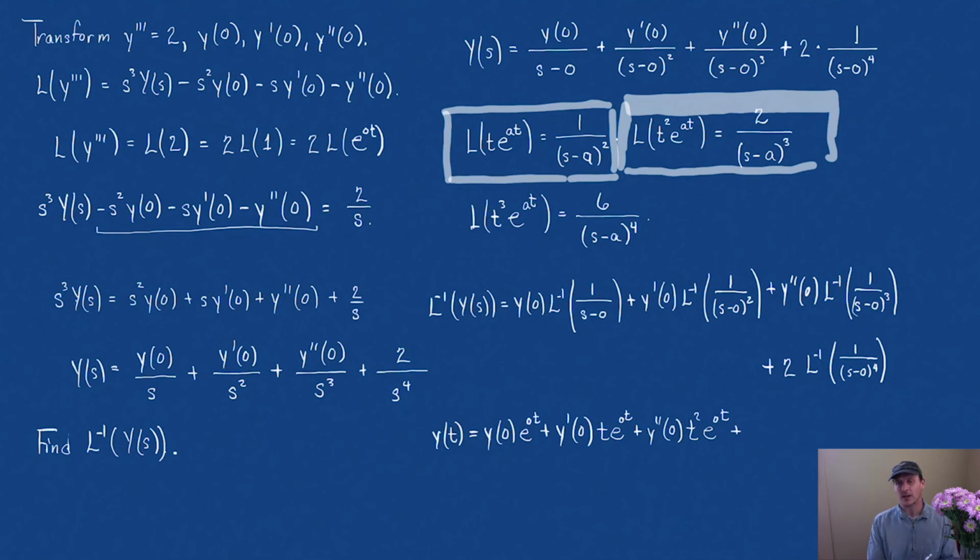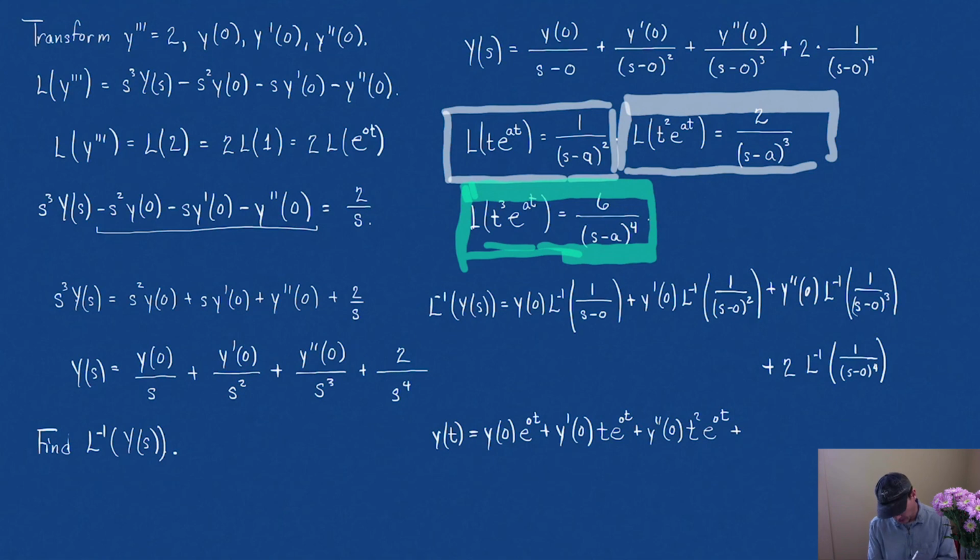Plus, now here's where it gets interesting. In order for this to work, what has to happen is I need a 6 in the numerator, but I don't have one. So what I'm going to do is multiply by 6 and multiply by 1/6.